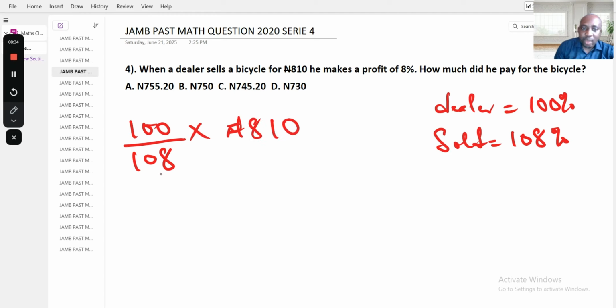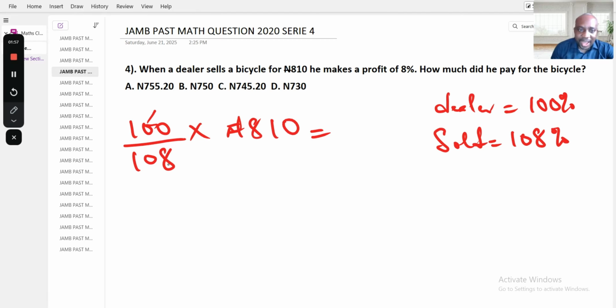The reason why we have 810 is that that's the exact amount that we want to multiply, because 108 is the percentage he sold the bicycle at, 810. Now the 100 percentage at the top will give us the final answer, the amount of the bicycle at 100 percentage. Now let's use the calculator to get the final answer.